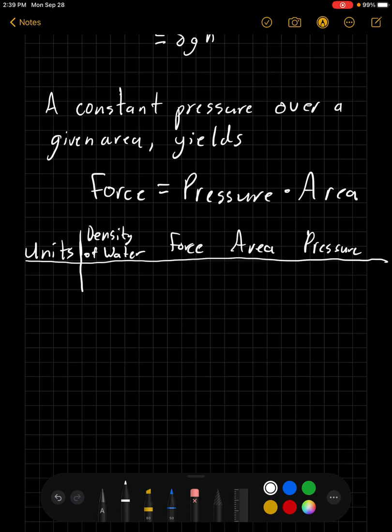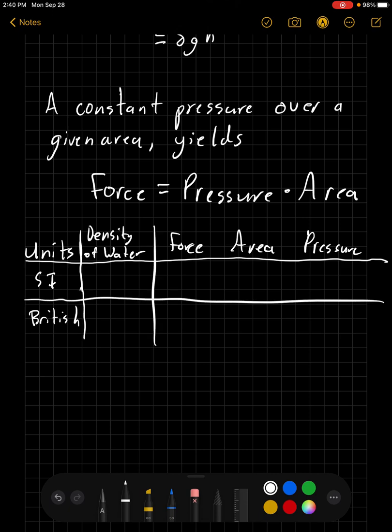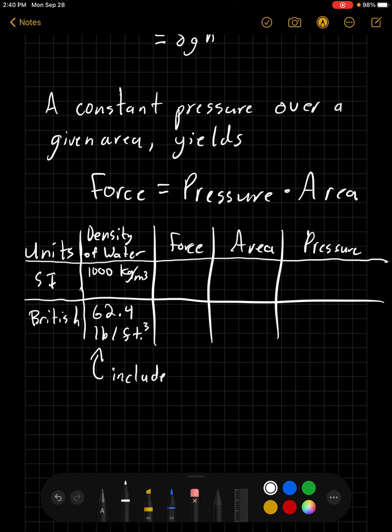And this is in scientific units, and this is in British. Okay, so density of water is equal to 1,000 kilograms per meter cubed. British is 62.4 pounds per feet cubed. Note that British, this includes gravity.